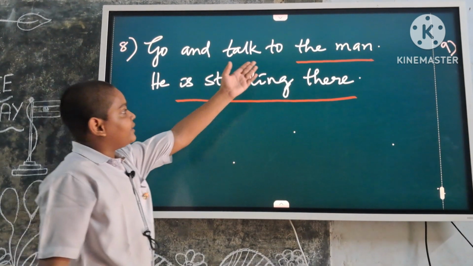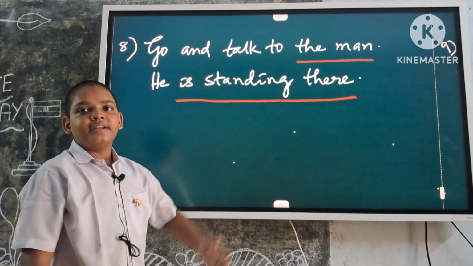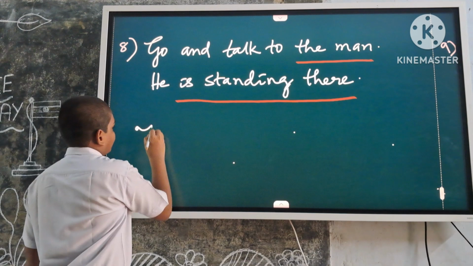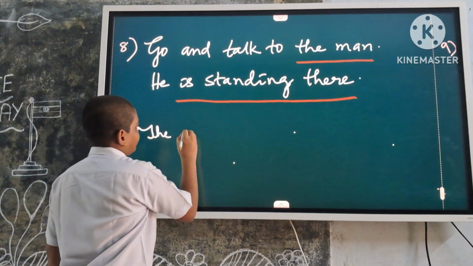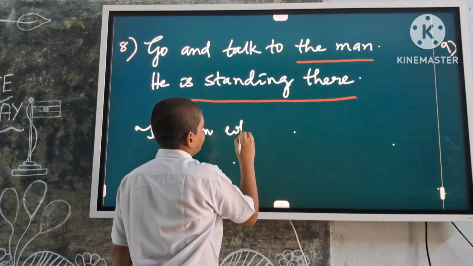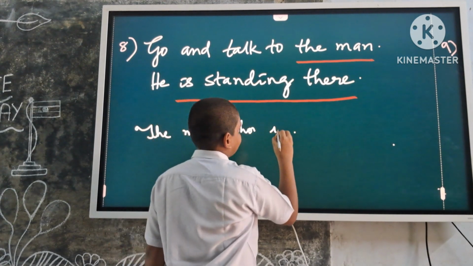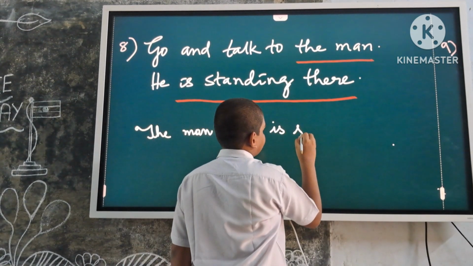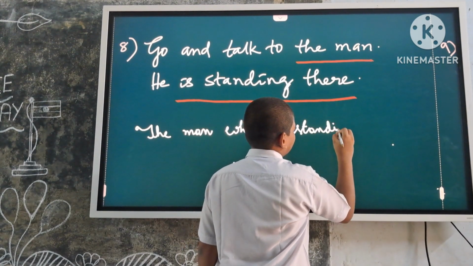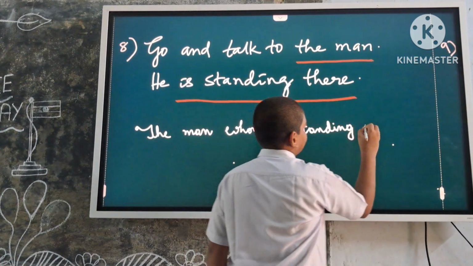Now join this noun phrase with this modifier. We get a new bigger noun phrase. The man who is standing there.